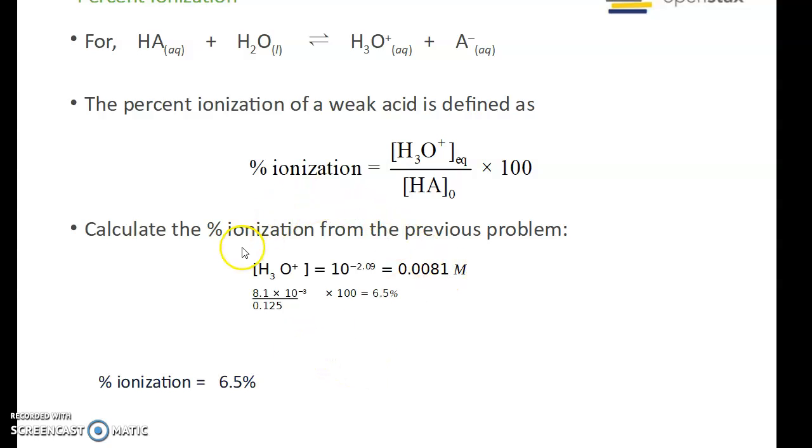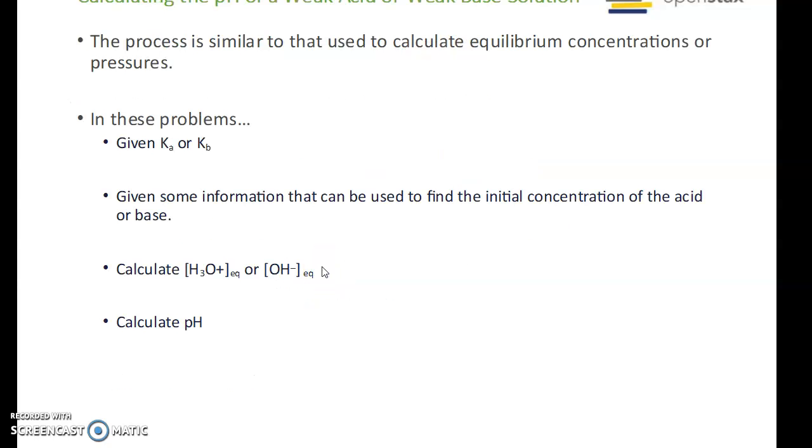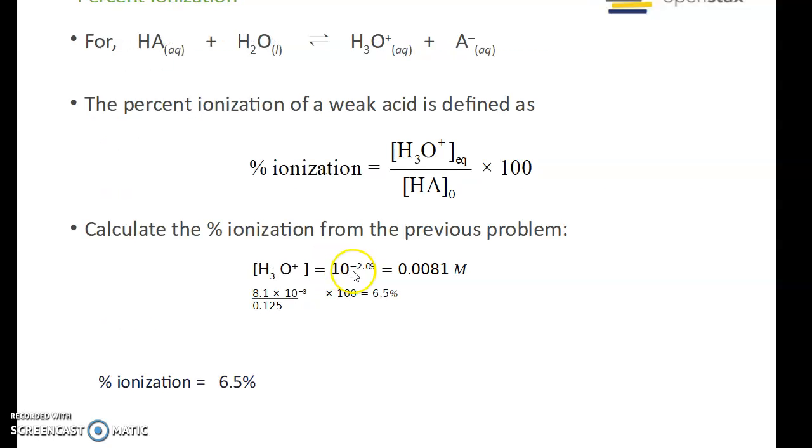So, the percent ionization of a weak acid. Here you have the concentration of this divided by the concentration of this, right? So that you calculate the percent, because this right here equals 10 to the minus 2.09.